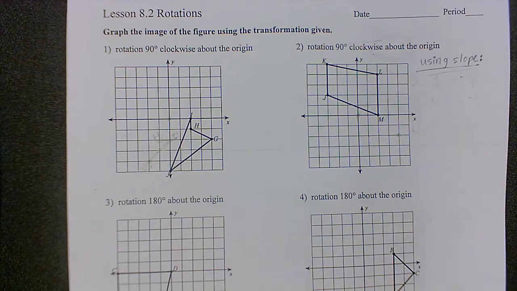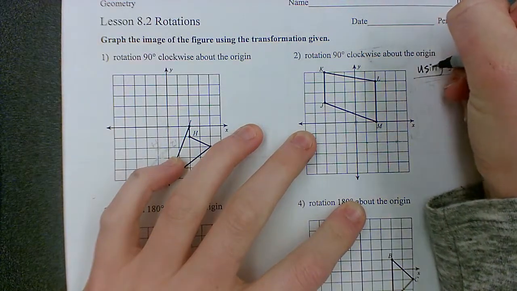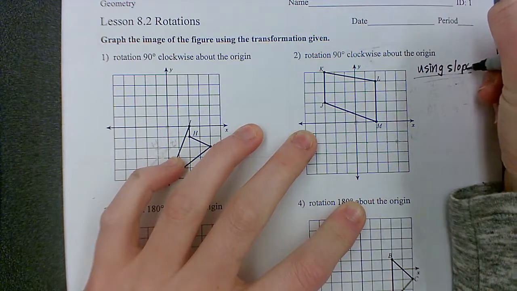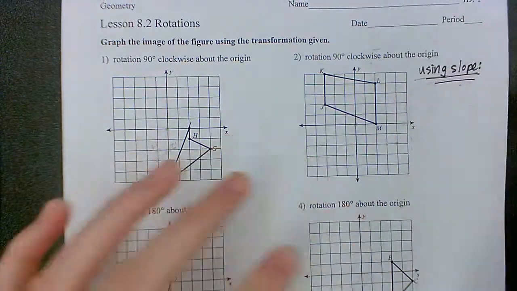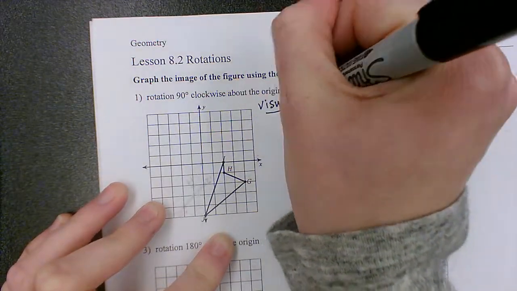Okay, so I'm going to do two other methods here. One using slope that we're going to do on number 2. And one just kind of doing a visual approach.